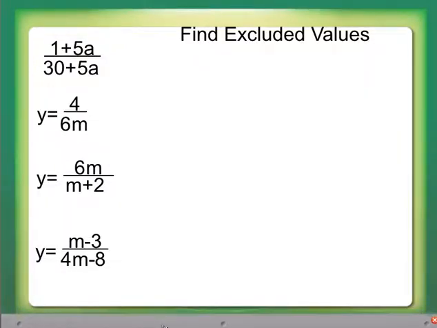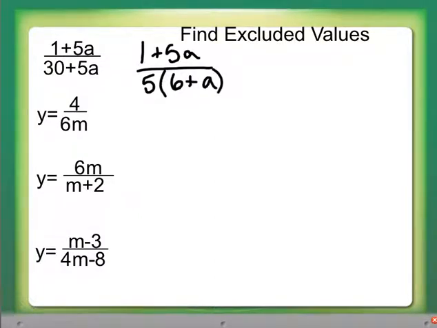Let's first practice with finding some excluded values. So, first, whenever we look at a rational function like this, we want to factor it first. So, we look and see if there's anything to simplify by factoring. And in this first case, the numerator can't be factored, nothing in common, but the denominator, I could pull out a 5 and get 6 plus a left in the parentheses.